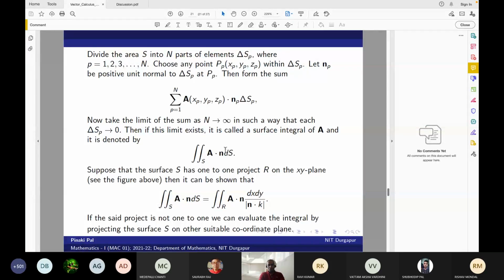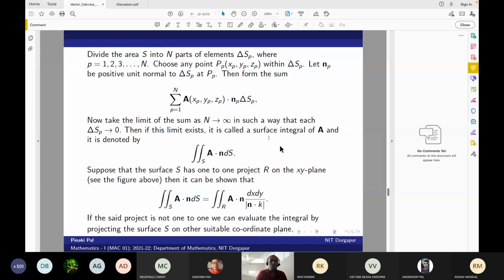Now you look at this delta S, this differential element. For evaluating this surface integral, this delta S might create a problem. Therefore, how do we convert this delta S or dS to an appropriate Cartesian differential?